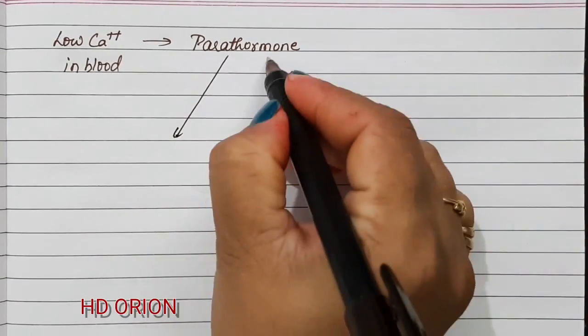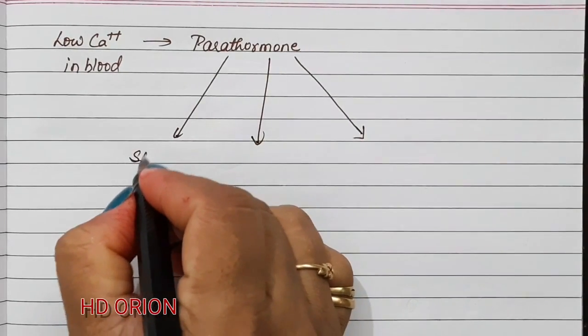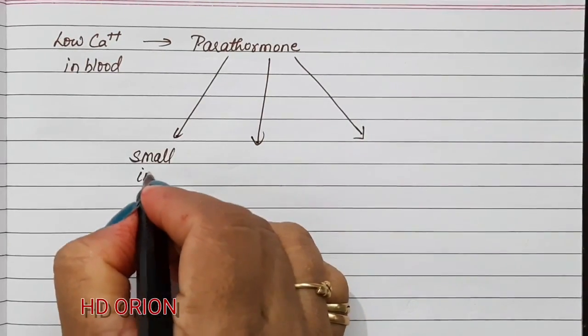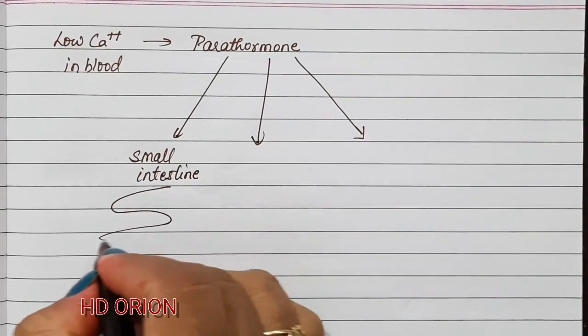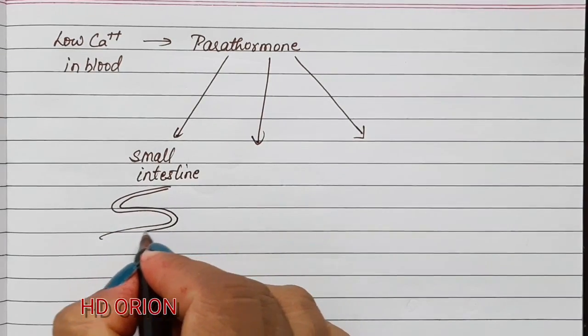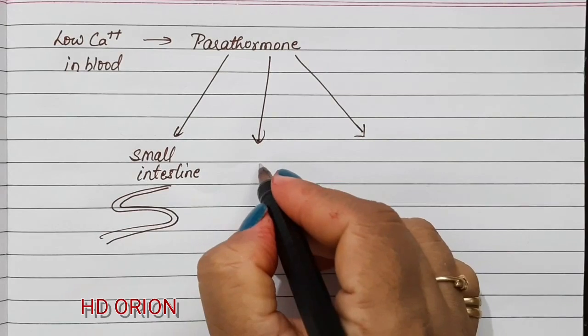It has effect on three different organs of the body. One is the small intestine. Small intestine is meant for the absorption of food because of the presence of villi in the internal lumen.